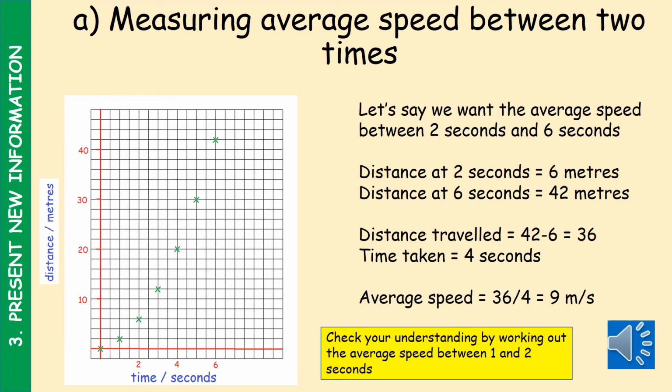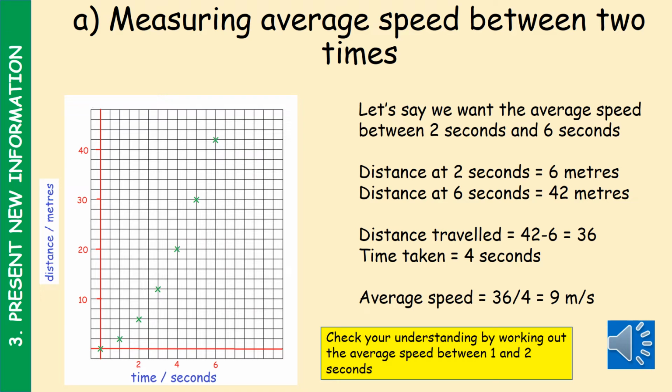So here we have a question where they're wanting the average speed between two times. This is between 2 seconds and 6 seconds. And this could either be asked using a graph or from a table of results for distance and time. So you look at the graph for 2 seconds, you read up, and on the y-axis that comes to 6 meters.